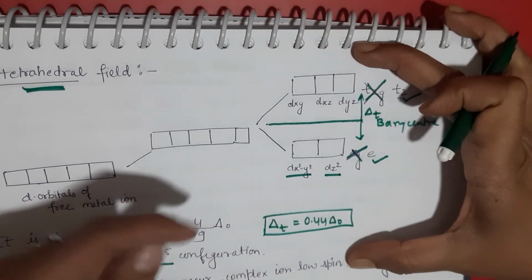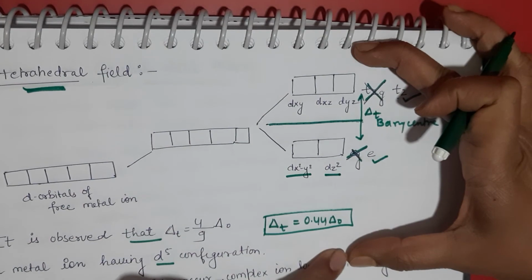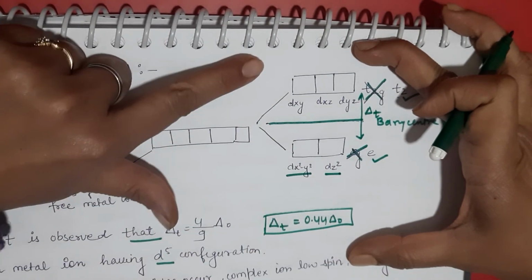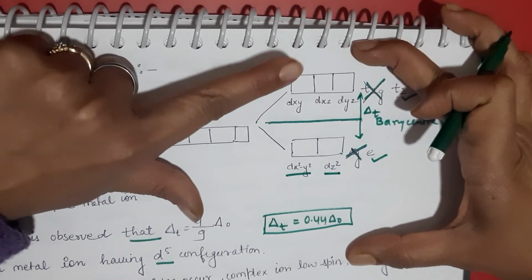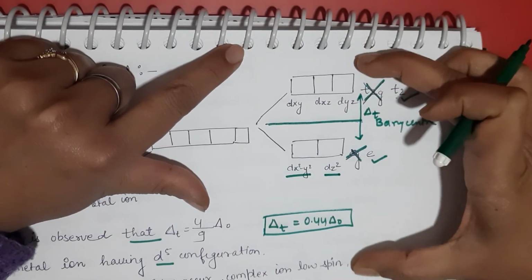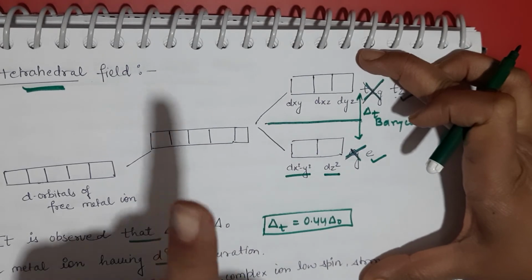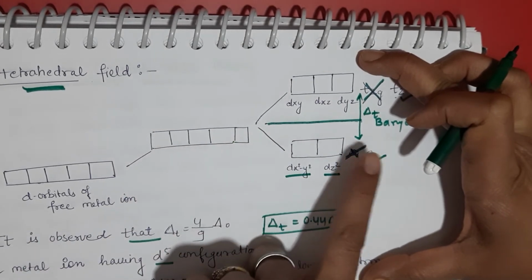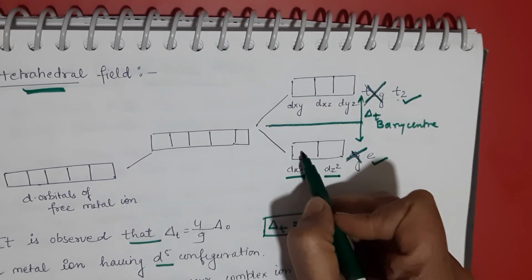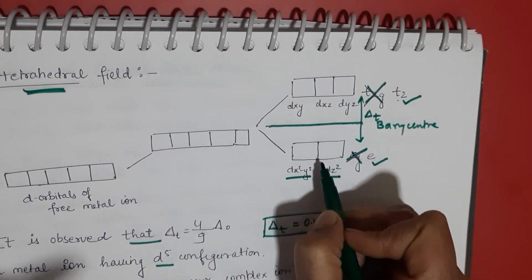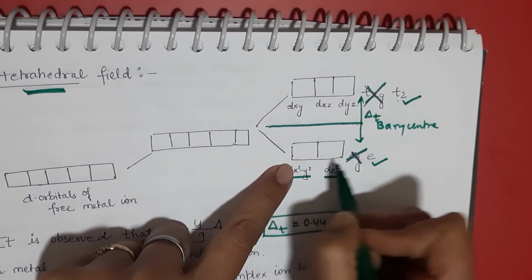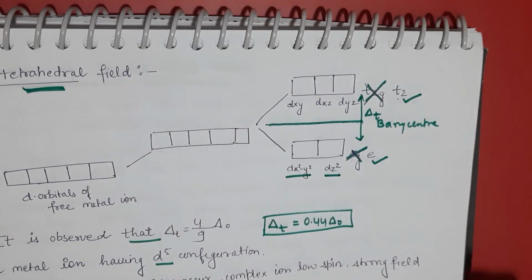So electron will reside in the lower energy, and that electron will not go upside. That means pairing occurs. If delta T is high, pairing will occur. If pairing will occur, the d5 electrons, most of the electrons, that means 1, 2, 3, 4 electrons will be here in E orbitals.